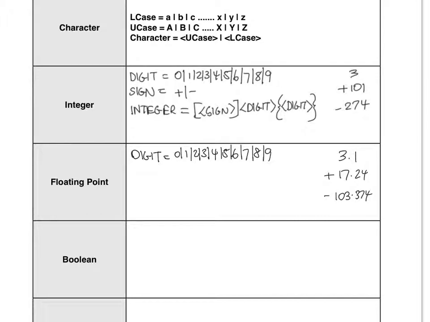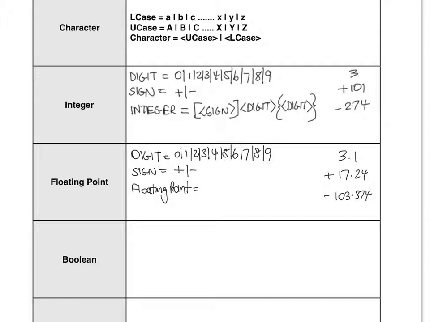No need to go further because they're all just repetition of those numbers. The other thing that a floating point will also have is sign, and sign is defined as plus or minus.